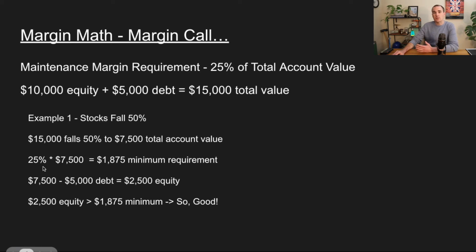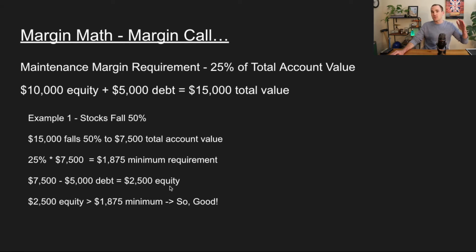Are we going to get a margin call? Let's see. So 25% of $7,500 is $1,875. That's the minimum equity we have to have. So our total account value now is $7,500. You subtract out the debt that we borrowed because the broker wants to get paid back, and the equity that we have in the account after the stocks have fallen 50% is $2,500.